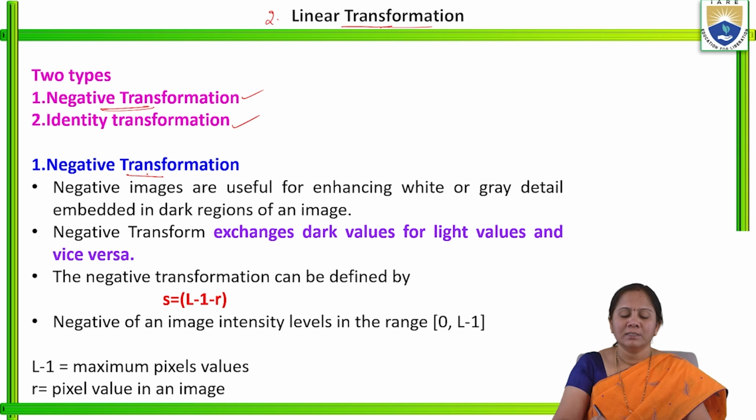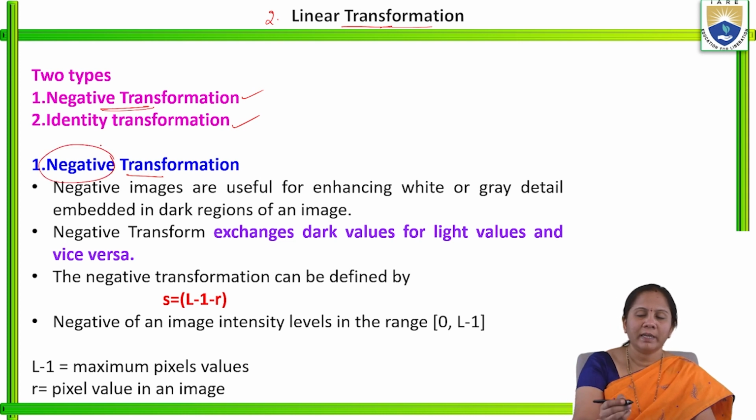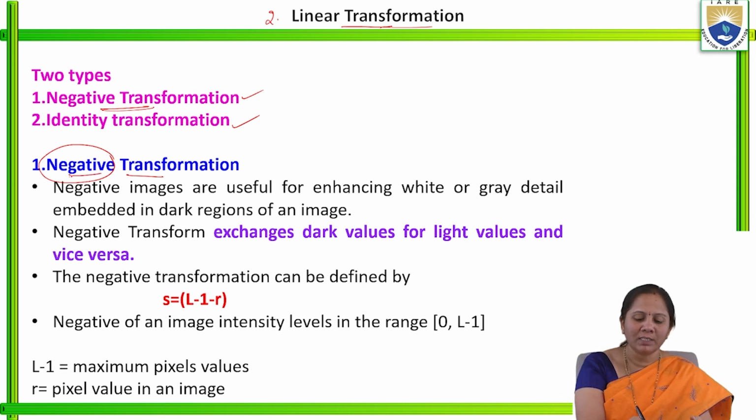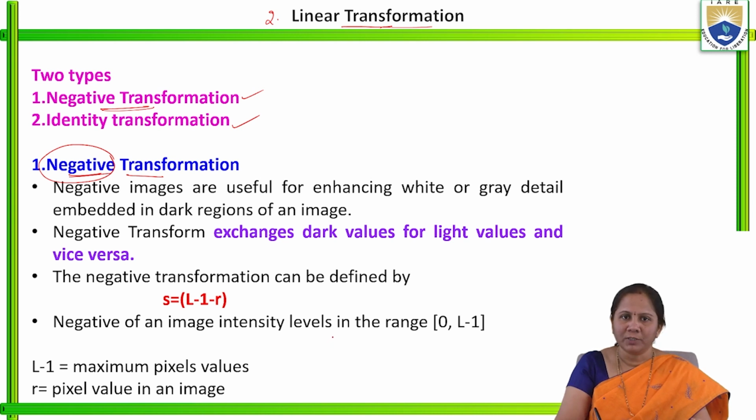So why it is named as negative means? Negative means, so if the input image is of white in color, the output image will be occurring as black. If the input image consists of black in some regions, it will be represented as white in the output image, that is processed image. That's why it is called as negative transformation.